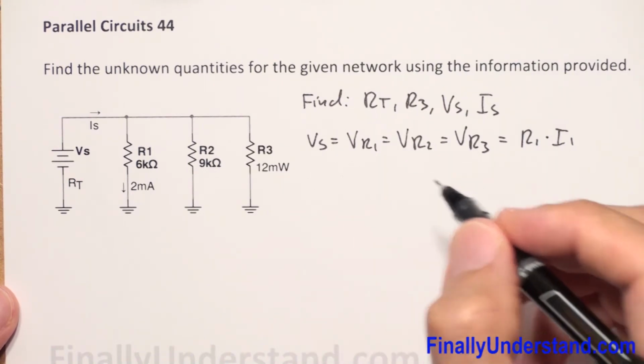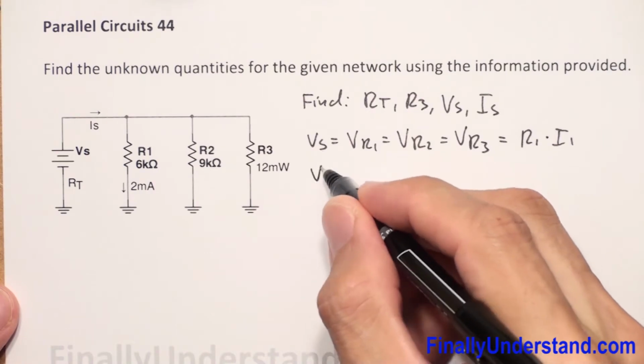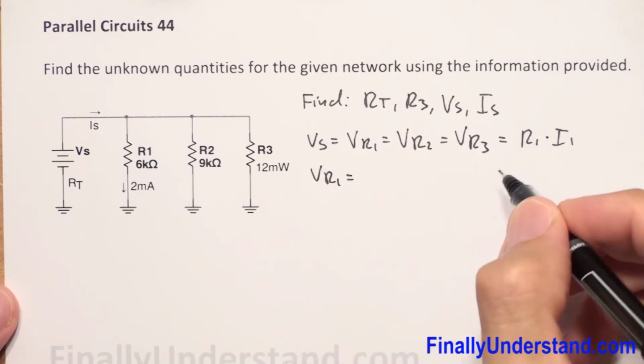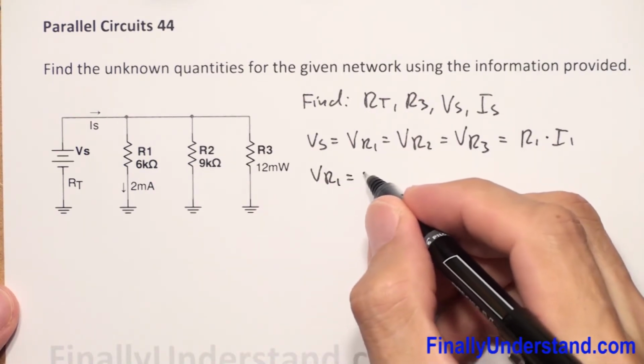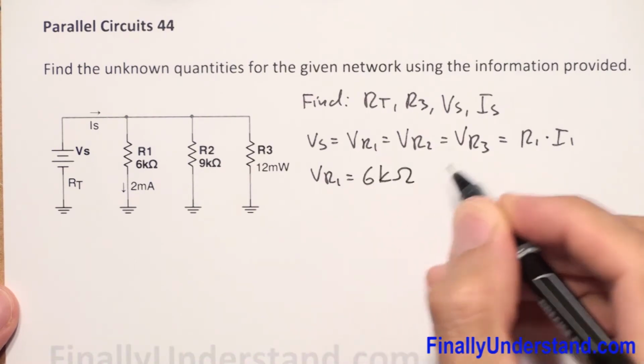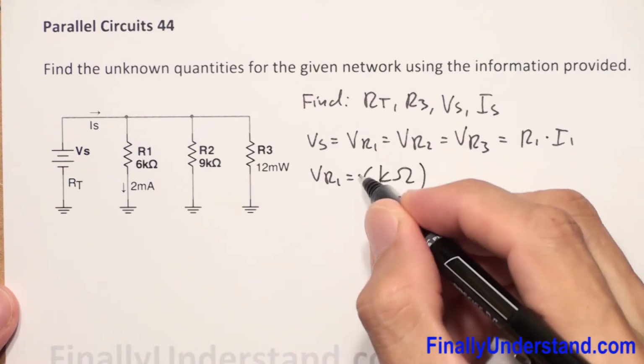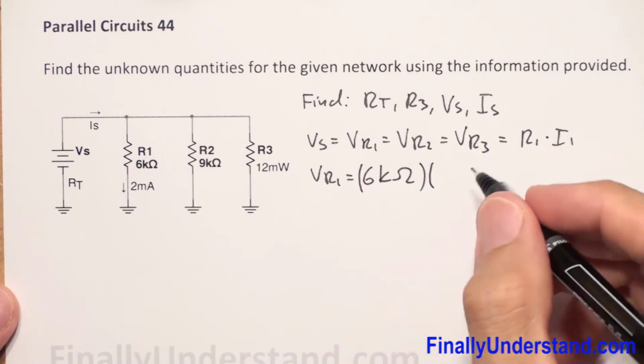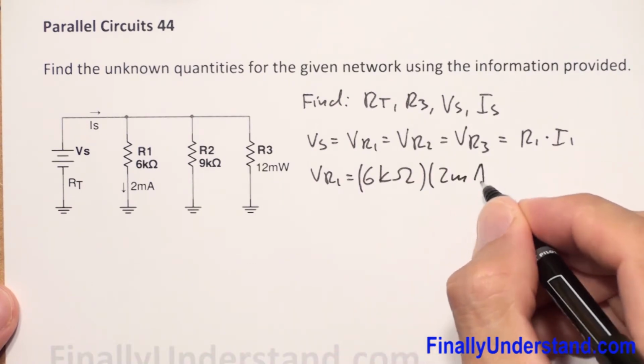So my voltage VR1 is going to be equal to R1, which is 6 kilo ohms, times I1, which is equal to 2 milliamps.